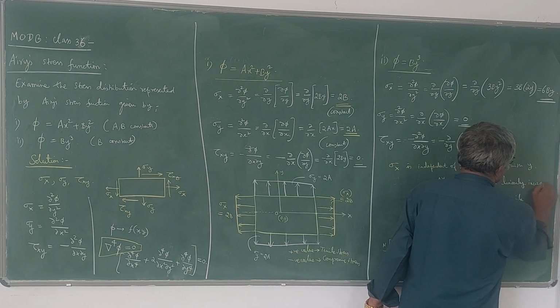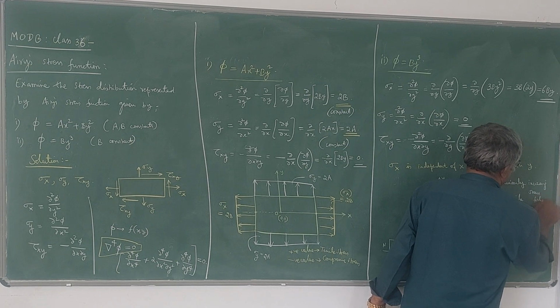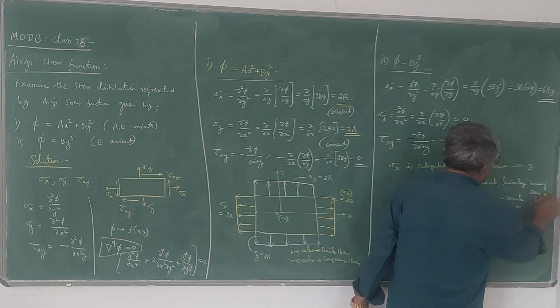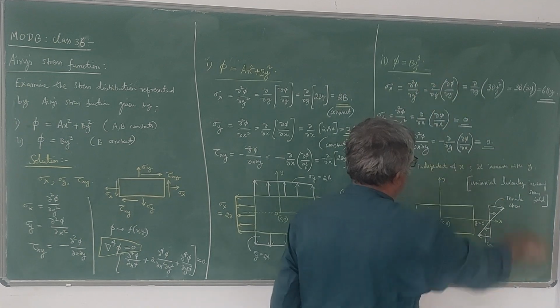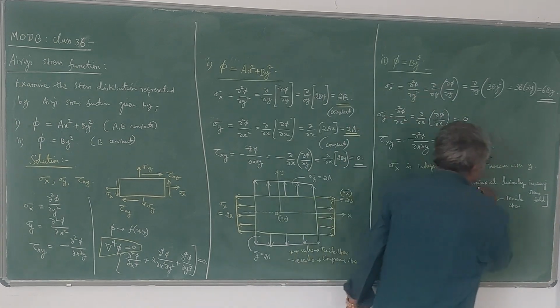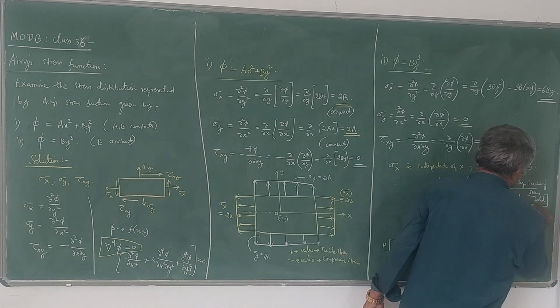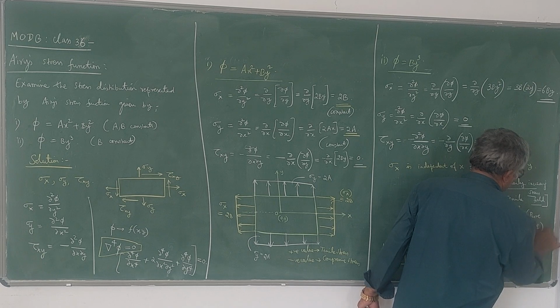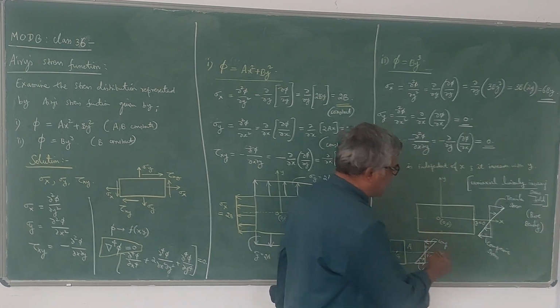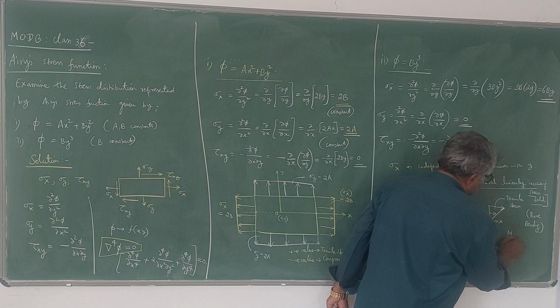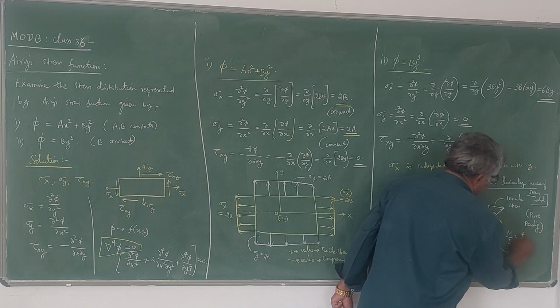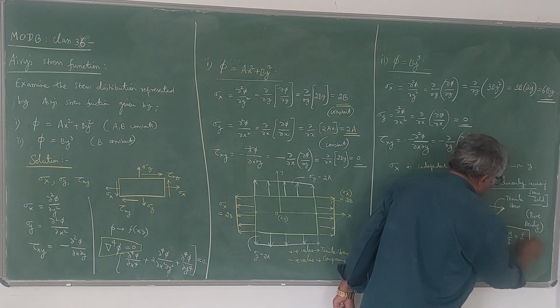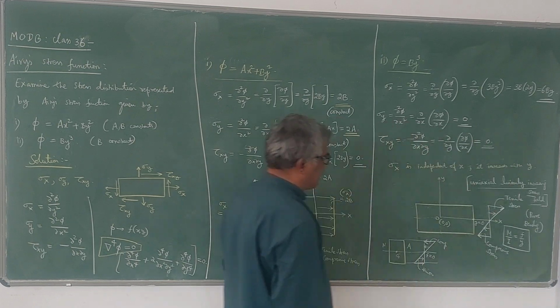So phi equal to by cube represents a uniaxially linearly increasing stress field, which is the example for the pure bending case. Pure bending of a beam we have studied in strength of materials. The governing equation for pure bending is M by I equal to F by Y. All this you have derived in strength of materials.